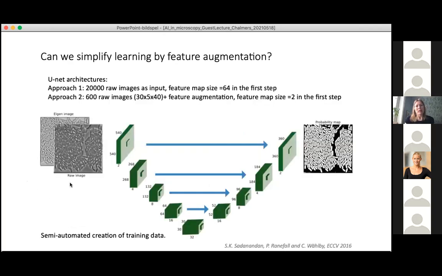So then when applying deep learning to this, in this case a UNet, we realized that we could really simplify the networks by including this pre-processed eigenvalue image together with the raw data to make the network learn faster.